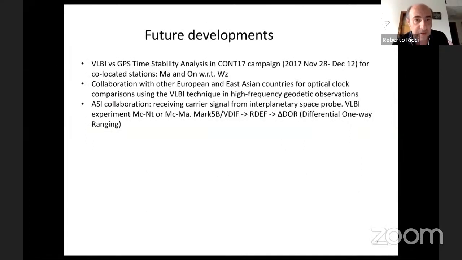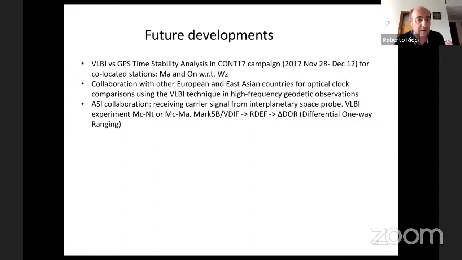Briefly, future developments. On the geodetic side, studying VLBI versus GPS time stability in CONT17, in particular for the co-located station with respect to the Bethel antenna, Bethel station.